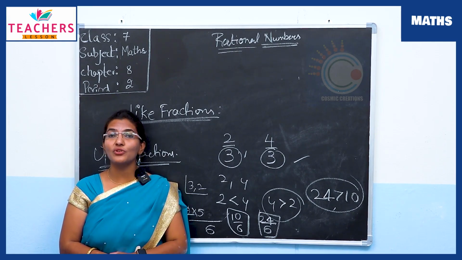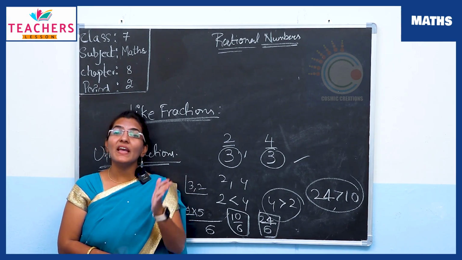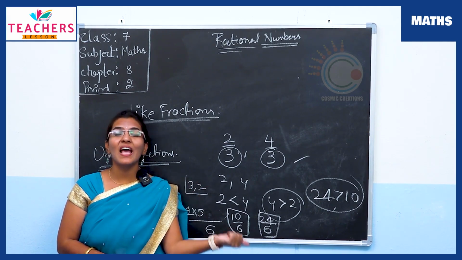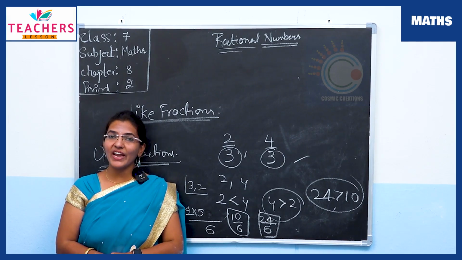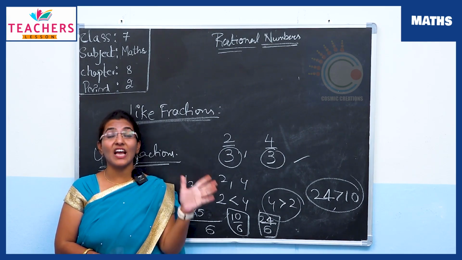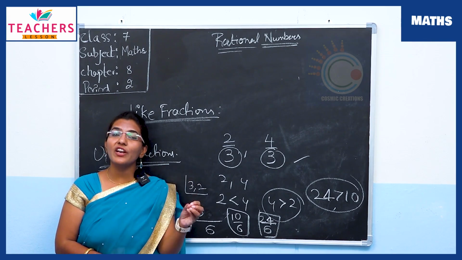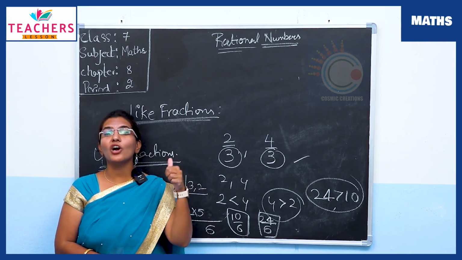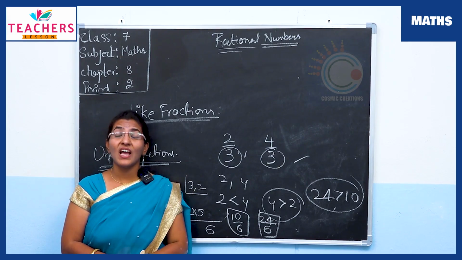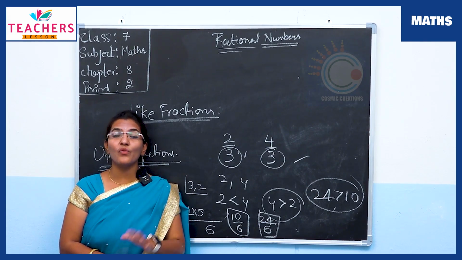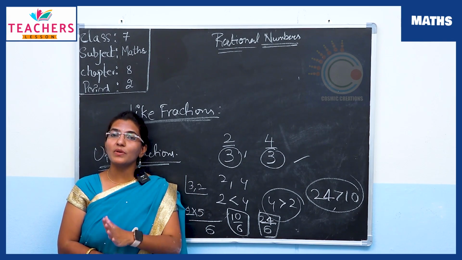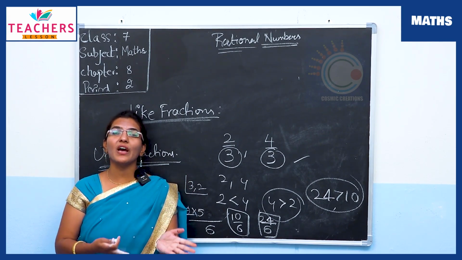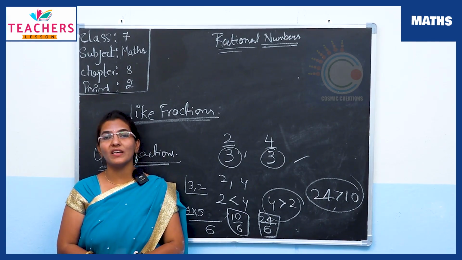So, that's the reason what we have to do is make the denominators equal. That means we have to make the numbers like fractions. Clear, right? So like fractions are the given rational numbers in which the denominators are equal, and unlike fractions are where the denominators are not equal, and then we convert them, that is, make the denominators equal.